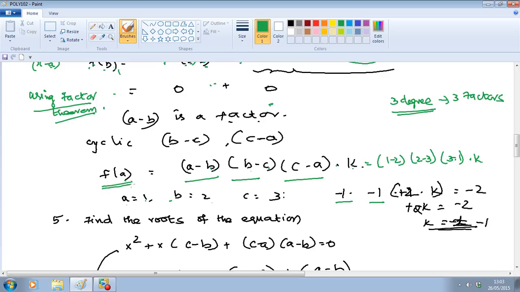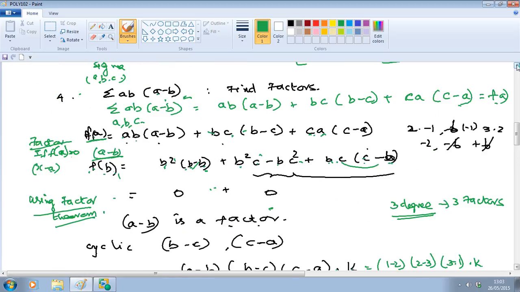So f of a, we have got here, the other function, there also we apply the same figures. So ab is 1 multiplied by 2 multiplied by a minus b, 1 minus 2. So this we get here, plus bc, b is 2, c is 3, multiplied by b minus c, 2 minus 3. So we get this 6 multiplied by minus 1.